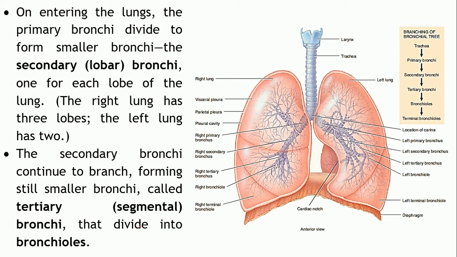Okay. Now upon entering the lungs, these primary bronchi further divide into smaller bronchi. As you can see over here, branching has taken place. These smaller bronchi into which the primary bronchi divide in each lung are known as the secondary bronchi on either side, or these are also known as the lobar bronchi.